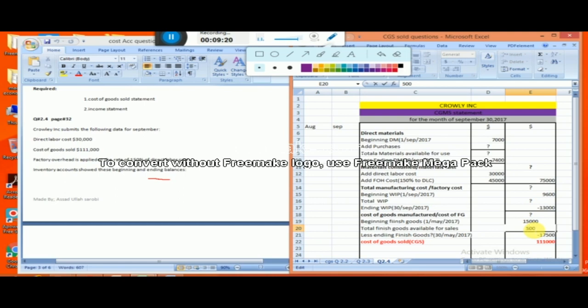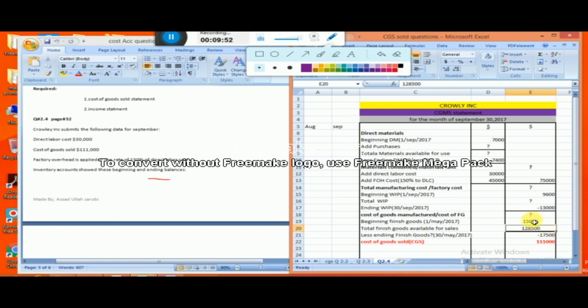Now 7 plus 1 is equal to 8. 1 plus 1 is equal to 2. And 1 plus 0 is equal to 1. So 1,28,500. If from 1,28,500 we subtract 17,500, the answer will be 1,11,000.